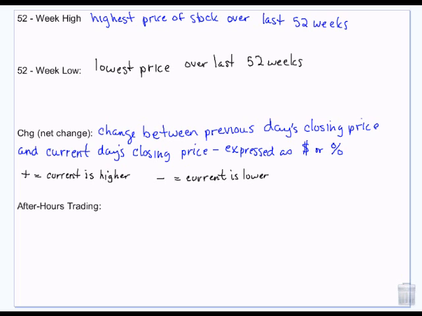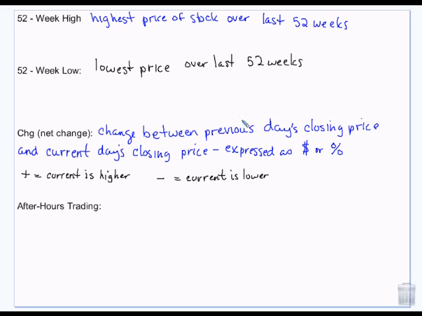We can express that as a dollar amount or as a percent. If it's positive, today it closed higher than it did yesterday. If it's negative, today it closed lower. All you're comparing is the two closing prices. You don't have to compare all the prices throughout the whole day. It's just the two end of the day prices.